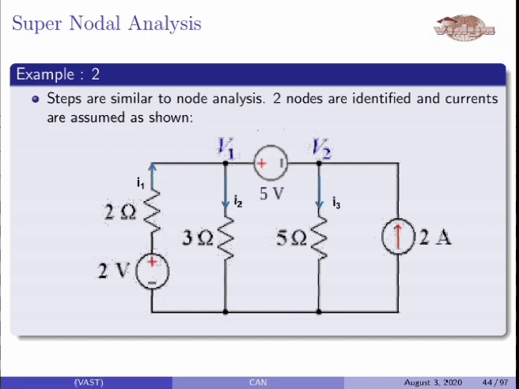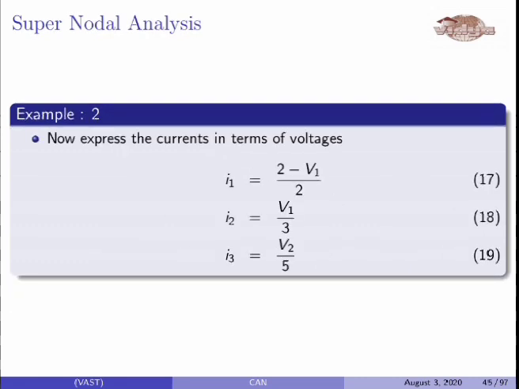Also I2 is (V1 minus 0) by 3 and I3 is (V2 minus 0) by 5. So you can express the currents in terms of voltage. In this branch the current is known, so you don't have to assume the current through that branch. Each current is expressed in terms of voltages.